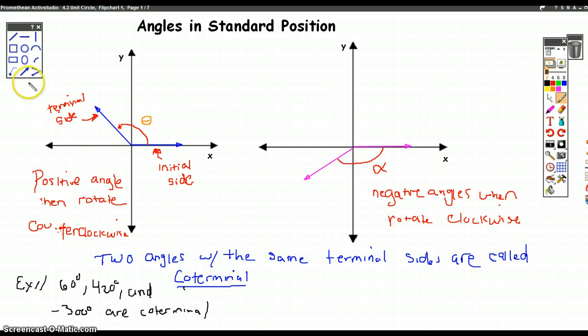And the reason is, if we sketch them, they all have the same terminal sides.